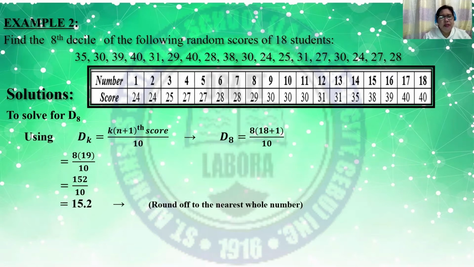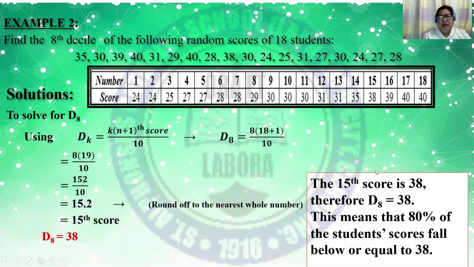Round this off to the nearest whole number, and that's 15. So you have to look for the 15th score, and that is 38. So the value of decile 8 is 38. This will mean that 80% of the students' scores fall below or equal to 38.